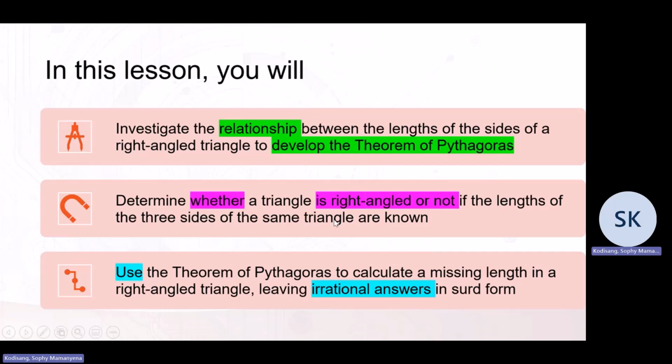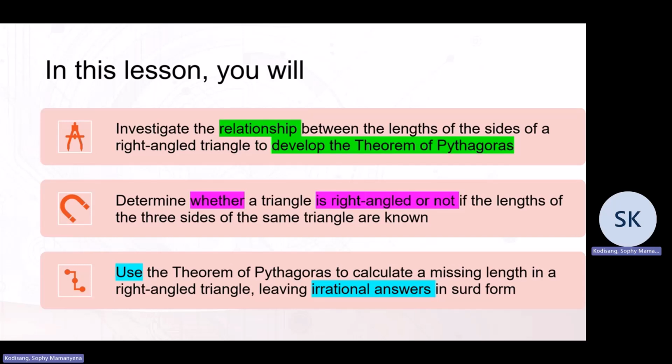Now, we are expected to investigate the relationship between the lengths of the sides of a right-angled triangle to develop the Theorem of Pythagoras. Meaning we are going to get an understanding of what the Theorem of Pythagoras is all about.